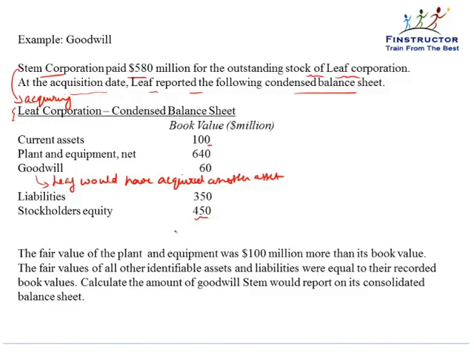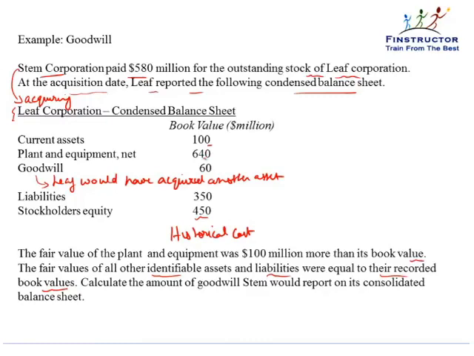Now please note that these are the values of the assets and liabilities at historical cost, because the balance sheet otherwise is maintained at historical cost. The fair value of the plant and equipment was $100 million more than its book value. The fair values of all other identifiable assets and liabilities were equal to the recorded book values.